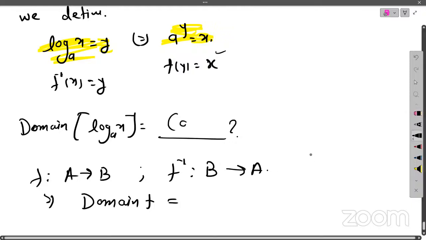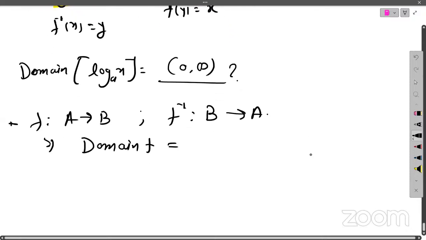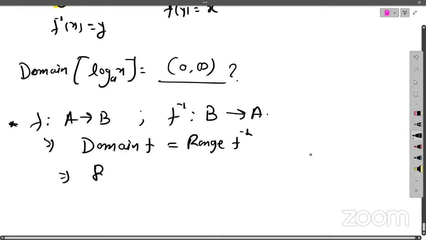In general, if you have a bijective function f from A to B, then its inverse will be a function from set B to A. So the domain of f will become the range of f inverse, and the range of f will become the domain of f inverse.